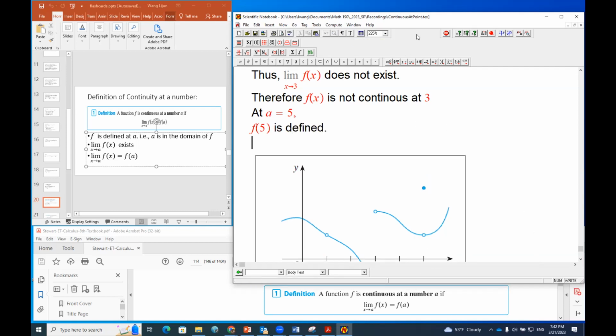However, it looks like the limit when x is approaching 5 from smaller than 5, and the limit when x is approaching 5 from larger than 5, they both exist and are the same.